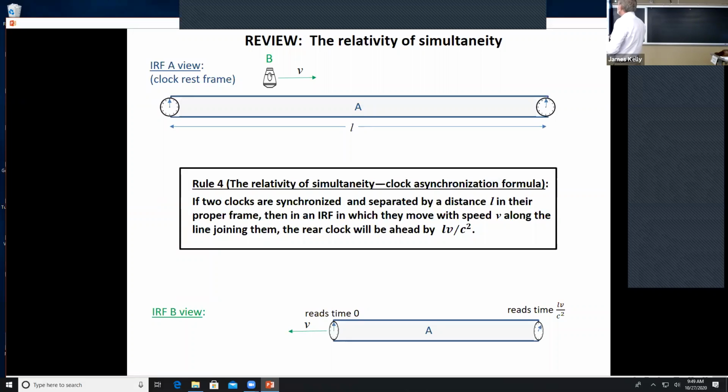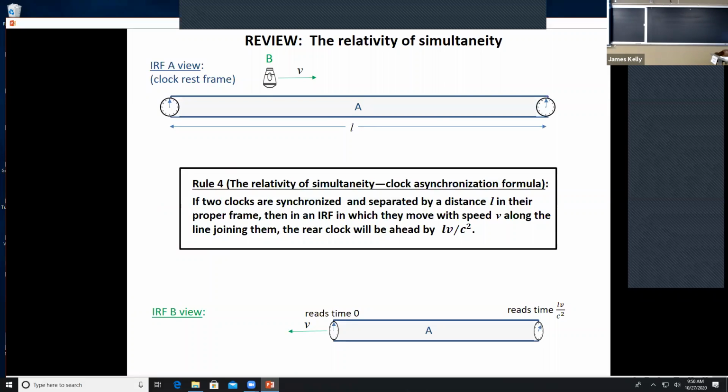Then, and we know the separation between those clocks, that's important, this distance L. So when they're sitting at rest, we need to know the distance L between the clocks along the direction that we're going to move. Then in a different inertial reference frame, say up here shown as this space pod B, that's moving along the length separating the two clocks at speed v, then the rear clock is going to be ahead.